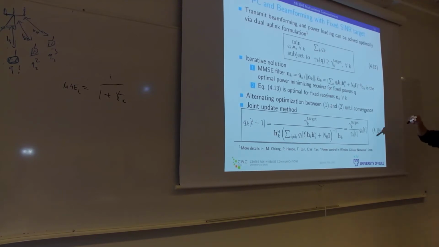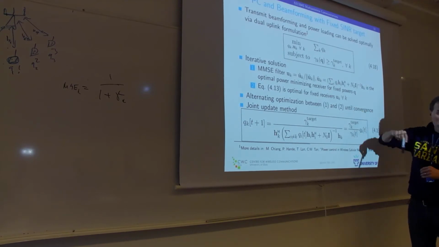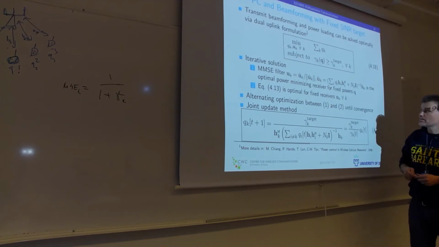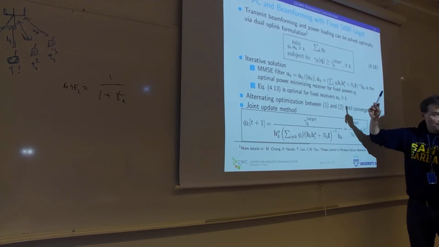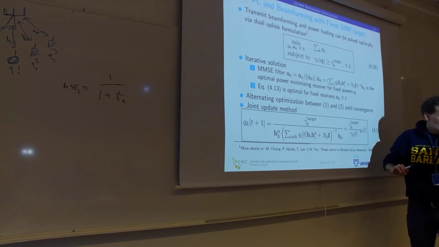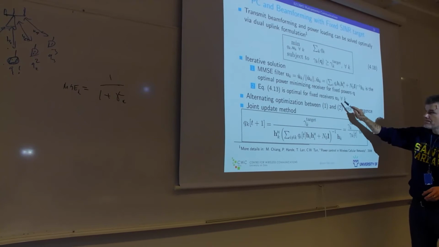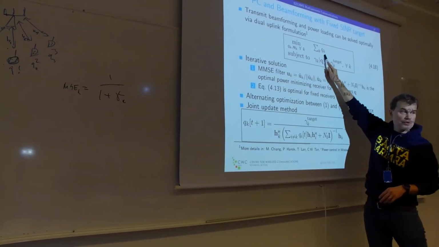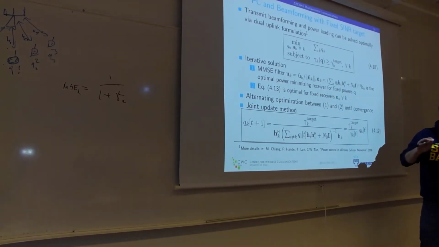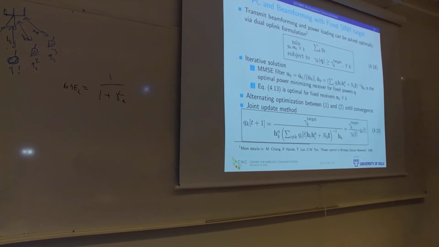So this is the intuition here, that you start from some random beamformers that are not optimized at all, and then you compute the powers Q that meet the SINR constraint, and the powers can be quite large, right?